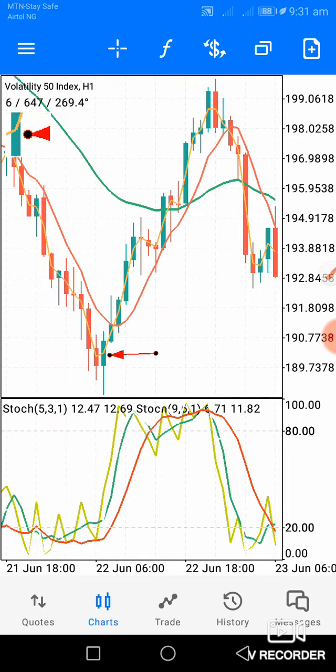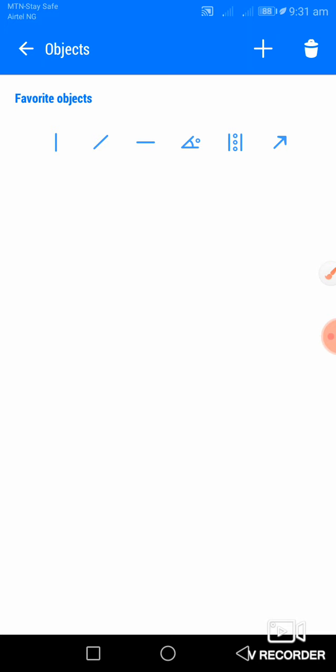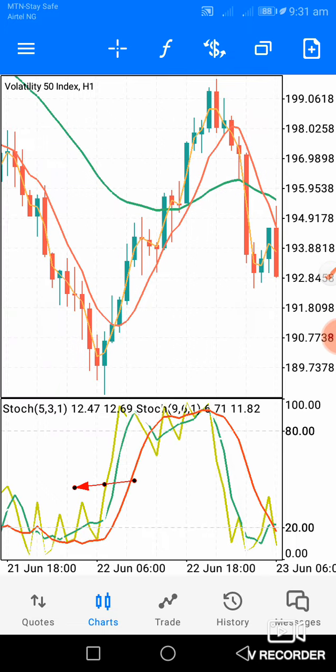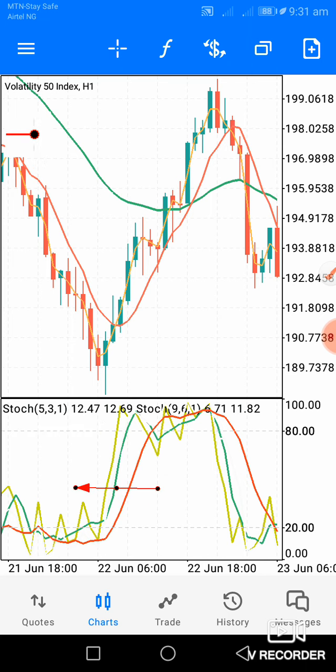All right, first of all, before entering any trades, come straight to your stochastic. That's what you will be looking at. Okay guys, can you see?